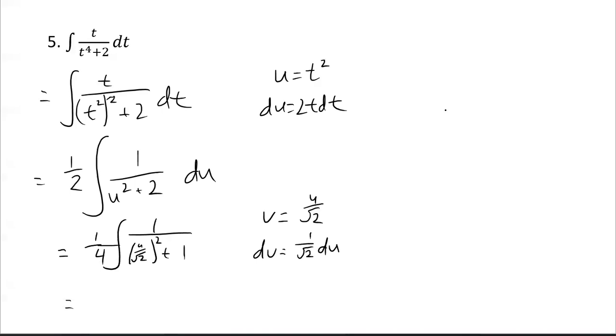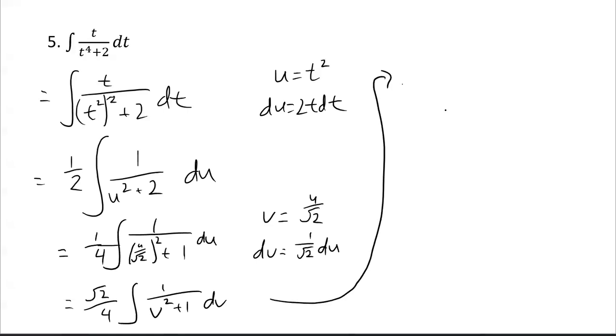Okay, so this becomes square root of 2 over 4 integral, I've got du up here. There'll be 1 over v squared plus 1 dv. Now this looks like the arctangent you're probably more familiar with. So this is square root of 2 over 4.